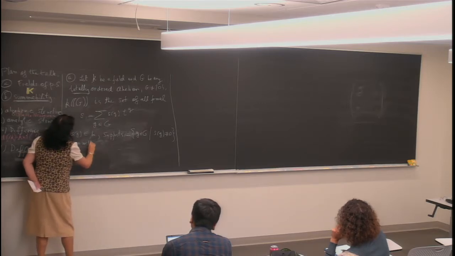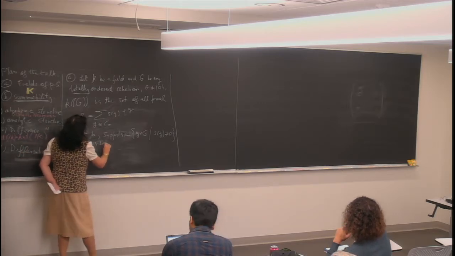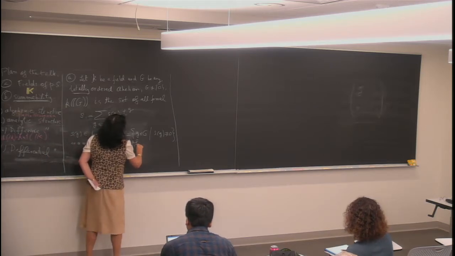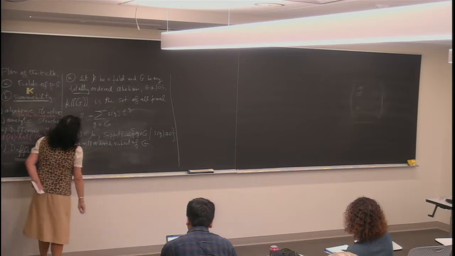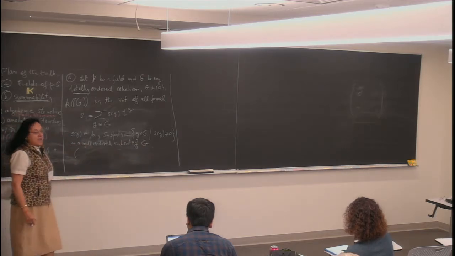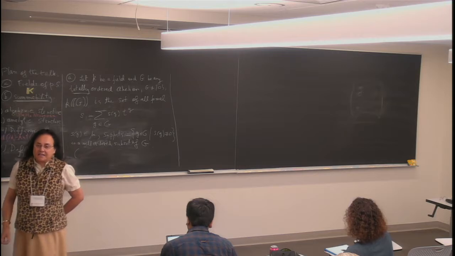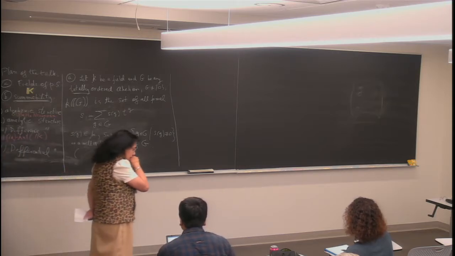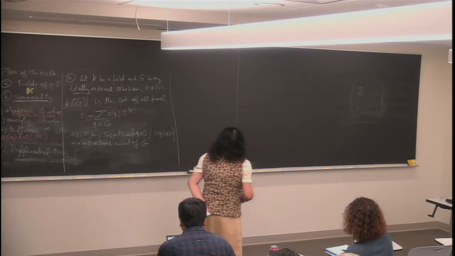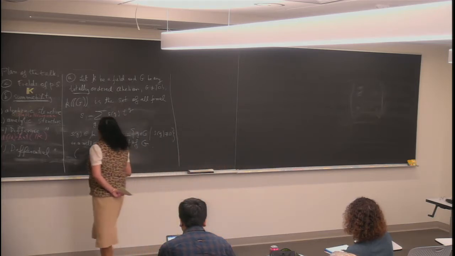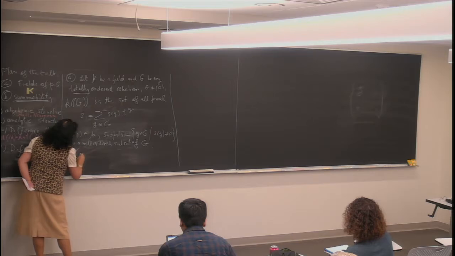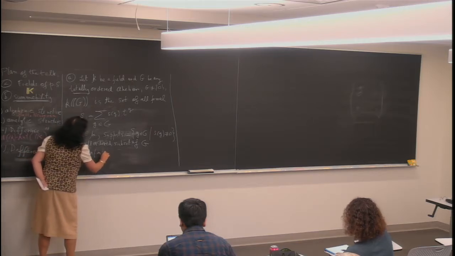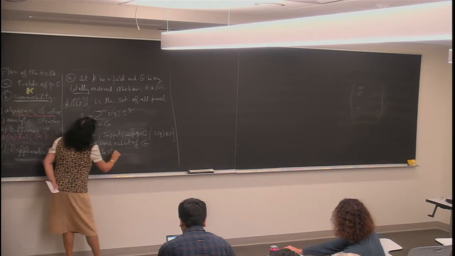And I remind you, well-ordered subset means that every non-empty subset has a least element, or if you want a sequential description, you can also say that it's an Artinian set: no infinite strictly decreasing sequences in the order.